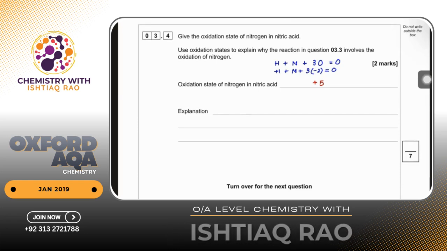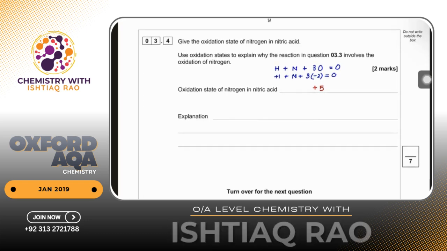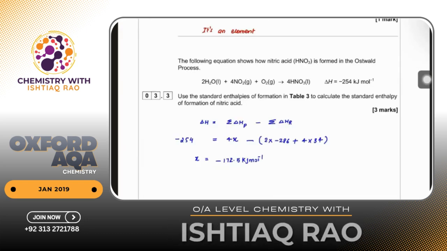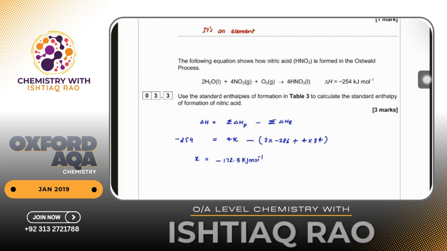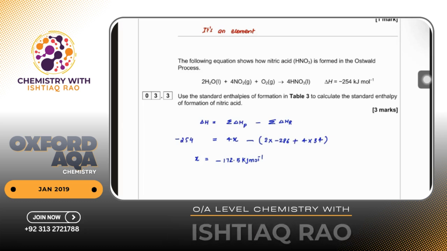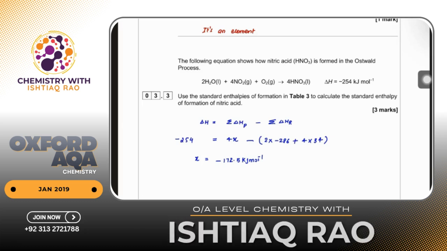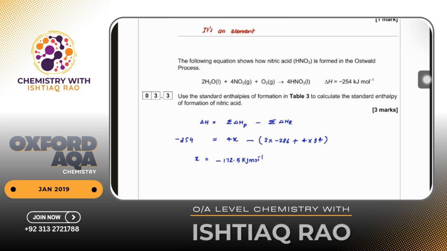This involves the oxidation of nitrogen. So in this equation, what do you think nitrogen is going to oxidize from and to? I think from NO2. NO2 is +4, right?